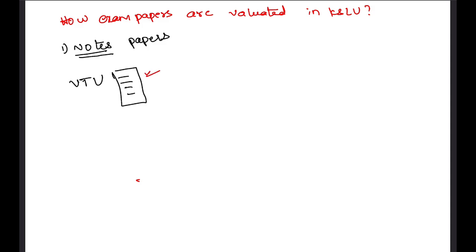But in KSLU that is not the case. In KSLU there is no fixed paper, fixed answers. So every teacher has to bring his own notes, and from those notes only he is supposed to check your papers.